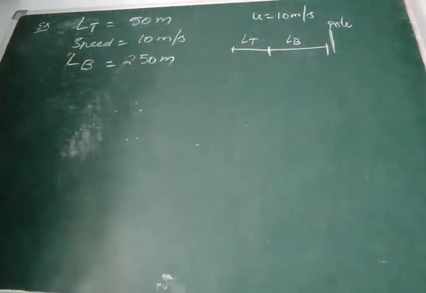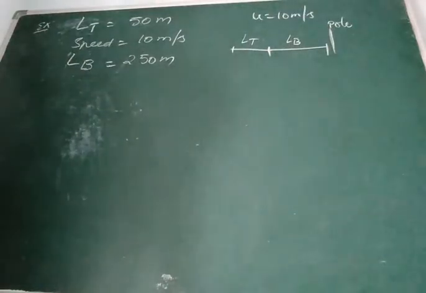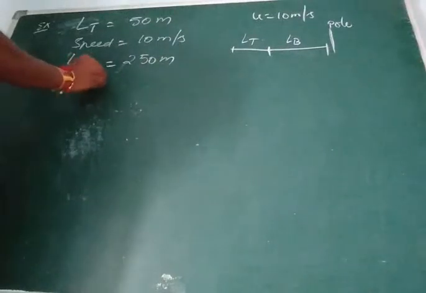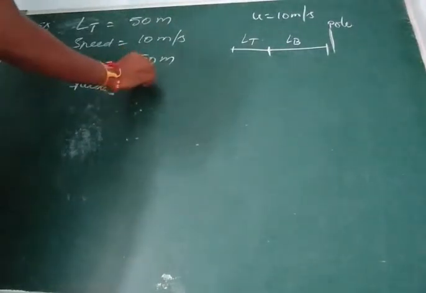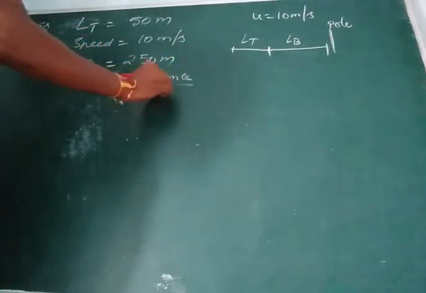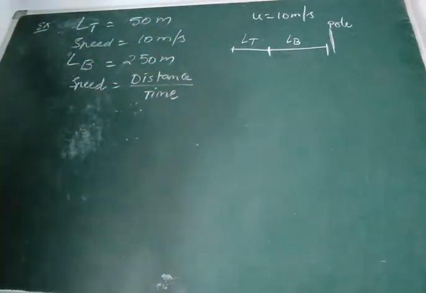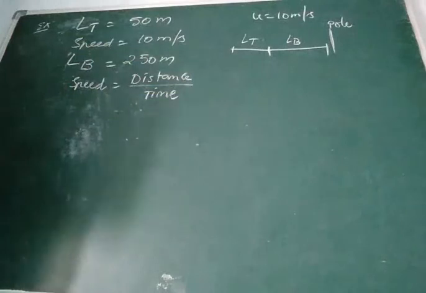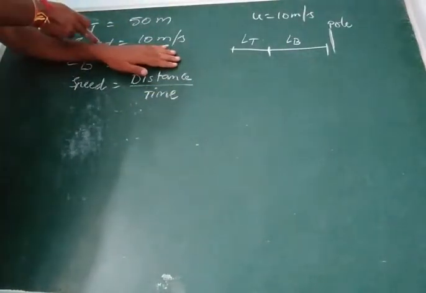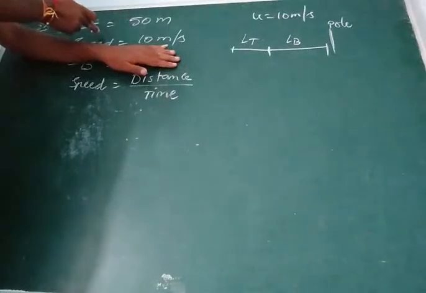Right. Next, let's take time taken. What is the formula for speed? Speed is equal to distance by time. Here he gave the speed of the train, 10 meters per second, and the length of the train is also given.